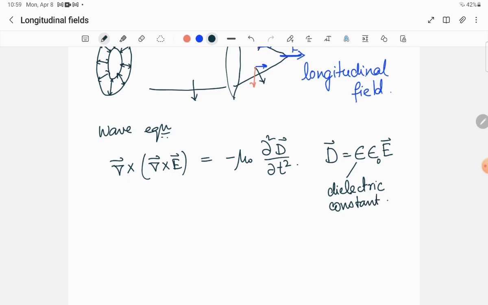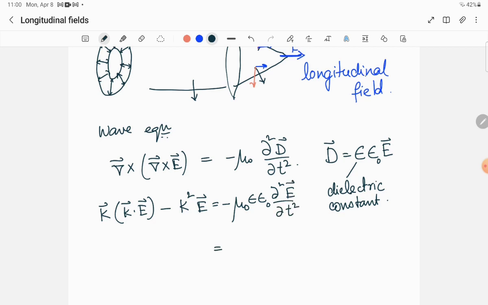Okay, so if that is the case, the left hand side actually can be written as k dot E minus k square E. This is the left hand side, and the right hand side becomes mu naught epsilon naught del square E by del t square. And knowing the form of the electric field, we know the derivative with respect to time gives you a minus i omega.